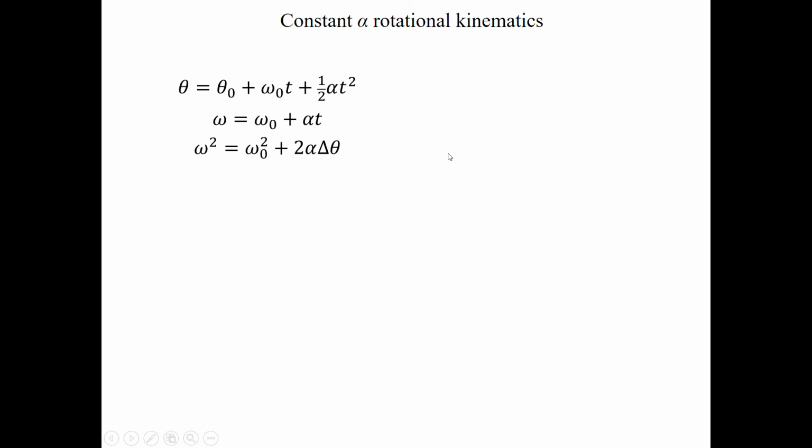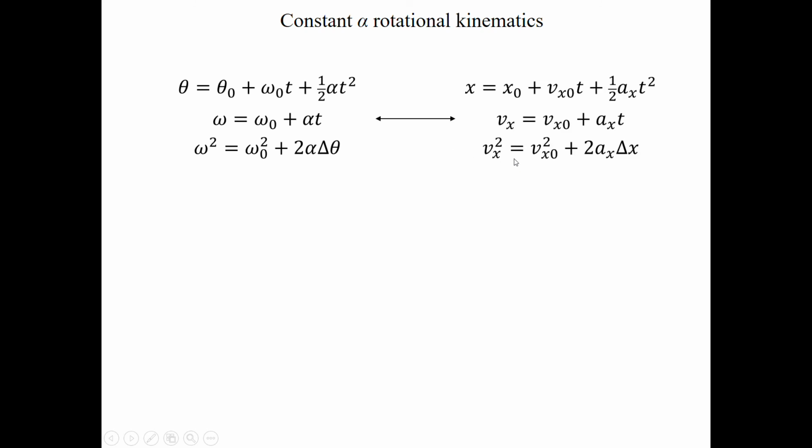We made all the similar definitions for those. And that means that just like we assumed constant ax over here, and we were able to derive these three equations using calculus, we didn't derive them, but that's where they come from. Similarly, the assumption of constant alpha, or constant angular acceleration for an object rotating around a fixed axis, leads exactly to the analogous angular equations.